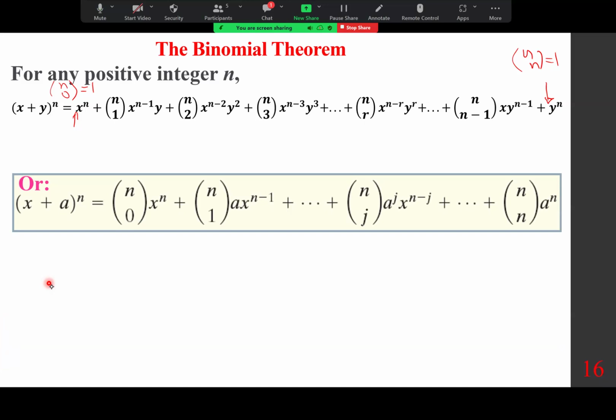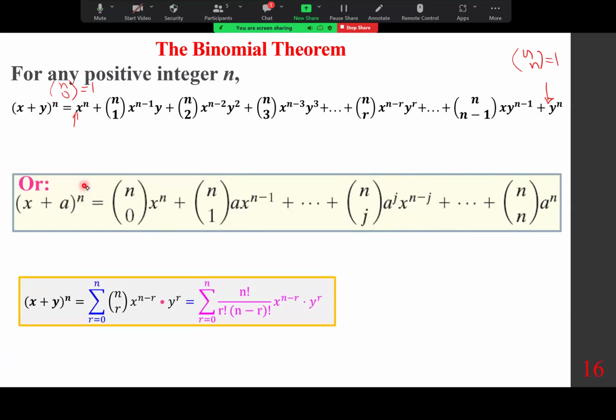Another way of approaching it, if it's x plus some number a, notice this n choose 0 that I mentioned, x to the power of n, then n choose 1, a x to the power of n minus 1, then n choose j, a to the power of j, x to the power of n minus j, and the last one is n choose n, a to the power of n. It's important to know the exponents. They must add up. As you can see, these two must add up to this exponent.